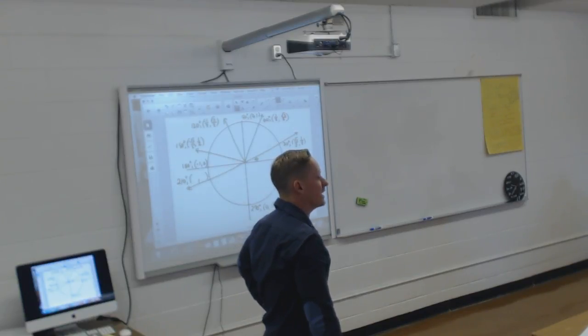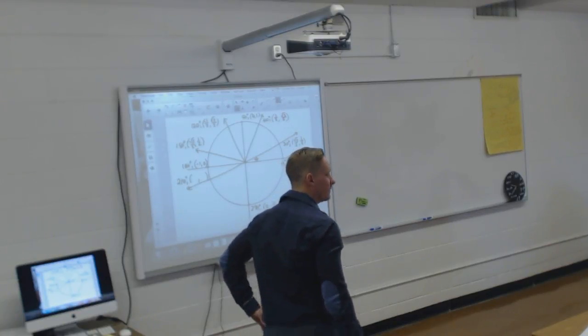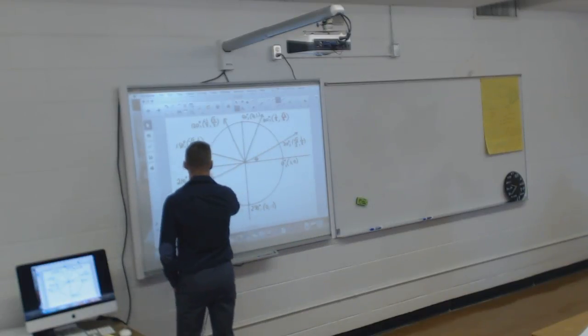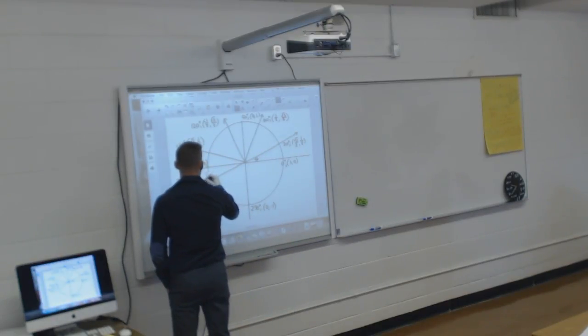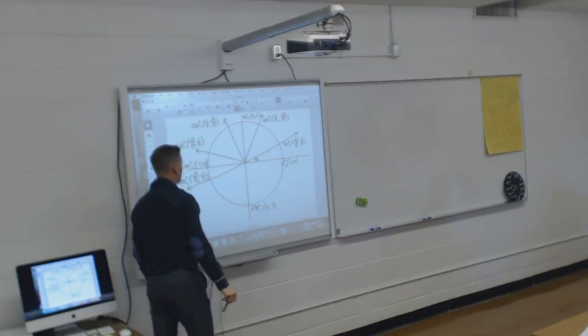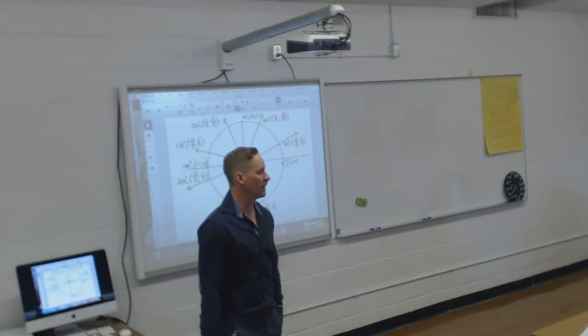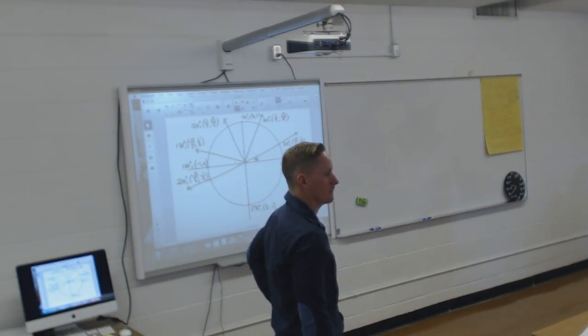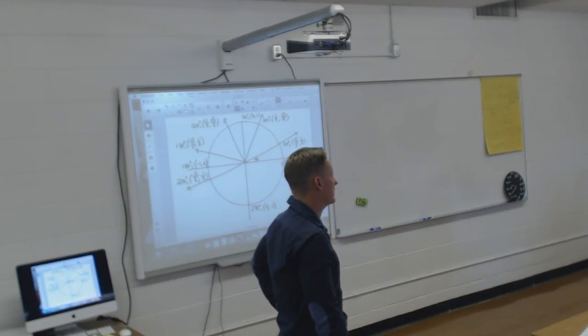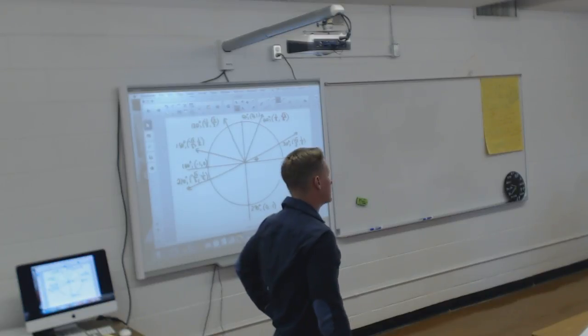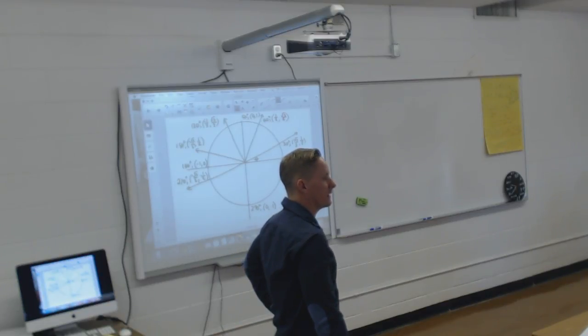So therefore, what are the ratios for this one? Both would be negative? That's right. Negative root 3 over 2, negative 1/2. What's the cos of 210 then? Negative root 3 over 2. What's the sine of 210? Negative 1 over 2.